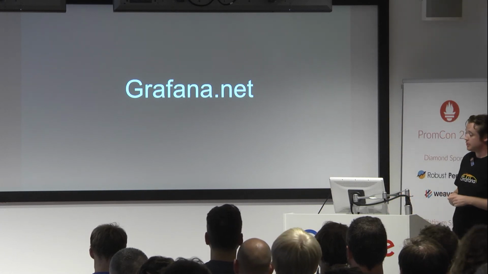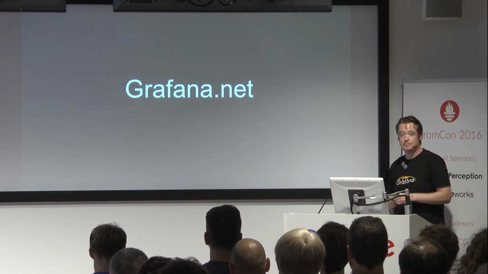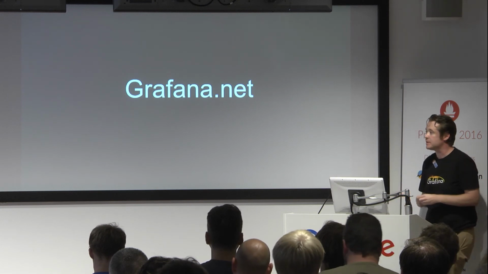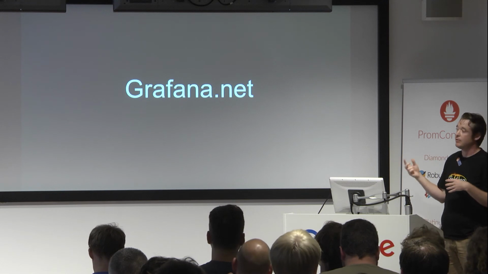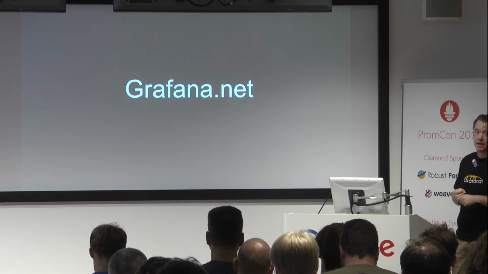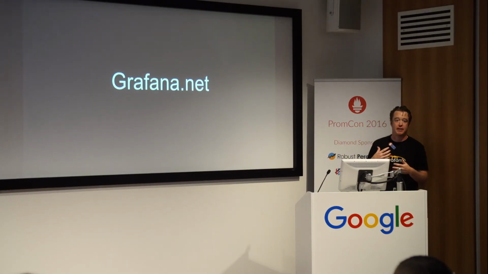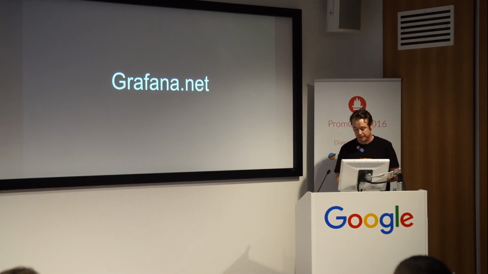Grafana.net is also something I want to talk about. In Grafana 3.0, we added a plugin system, which allows you to install plugins and dashboards that are hosted on our site. And plugins can be of three different kinds: data sources, panels, and apps. Apps is a combination of panels and data sources, and you can also have custom pages if you want to promote something special or integrate with products that we don't really know or deal with.